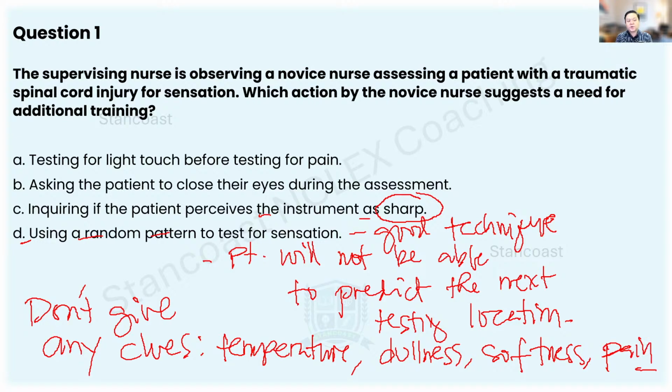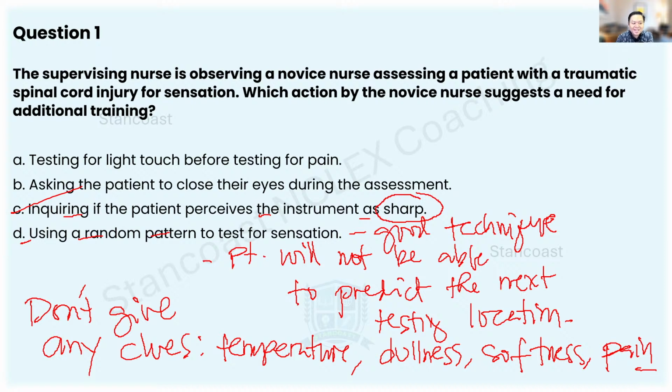So the correct answer here is basically letter C. Do not give them any clue words when you are asking them. Rather, you would ask, what do you feel when I'm using this object on your skin? Can you tell me the temperature? Can you tell me what sensation you are feeling right now while I touch you with this object? Do not give them any clues.